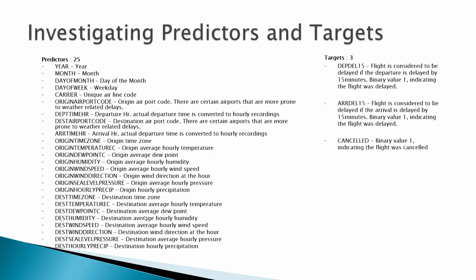My targets would be to determine whether a flight will be delayed by 15 minutes, or whether a flight's arrival will be delayed by 15 minutes or not. I will also be trying to predict whether a flight is going to be cancelled or not.